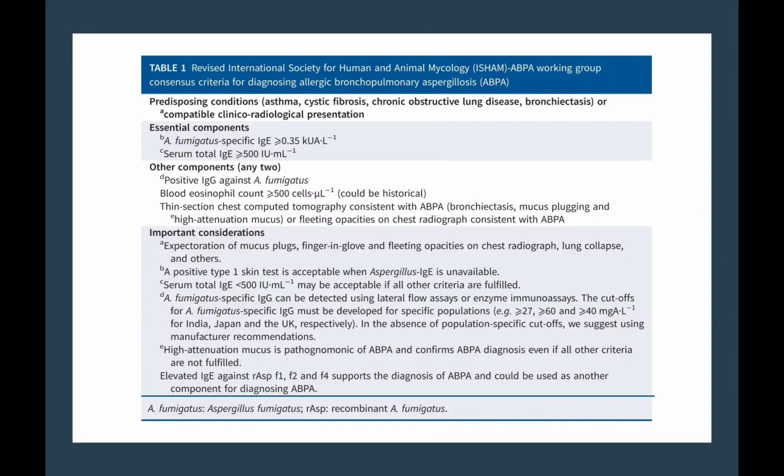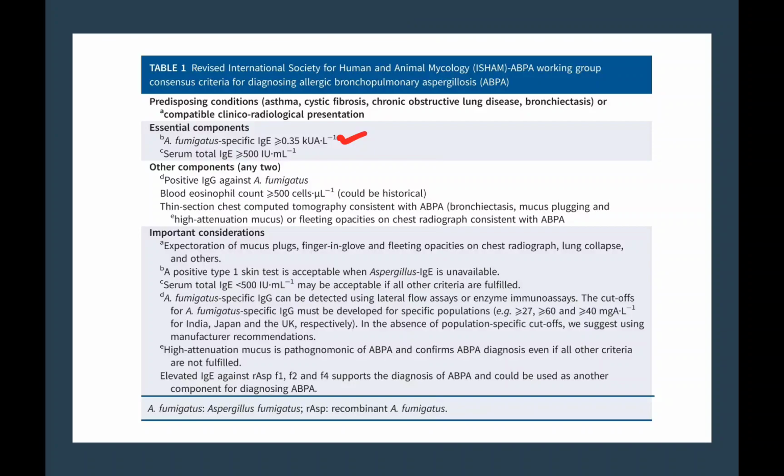If the patient is having asthma, the next thing the patient should have are these two important things, that is Aspergillus fumigatus specific IgE more than 0.35. This is very important. If the patient is not having Aspergillus specific IgE, then we can take skin prick test also as an alternative, and the patient must have serum total IgE more than 500.